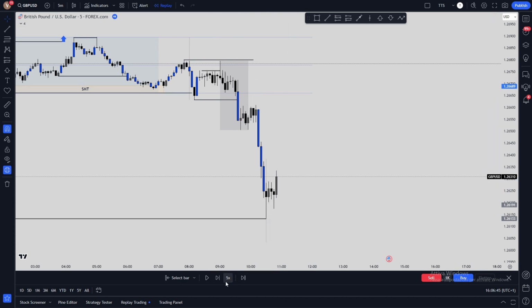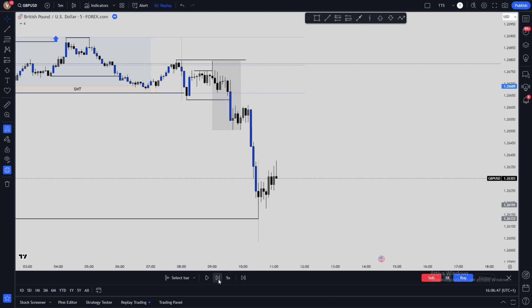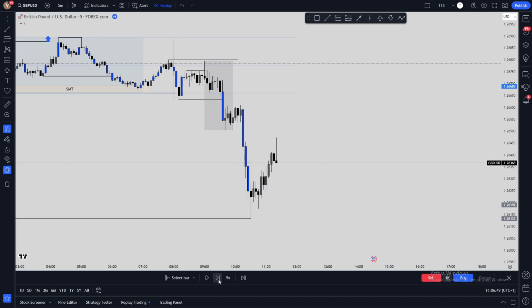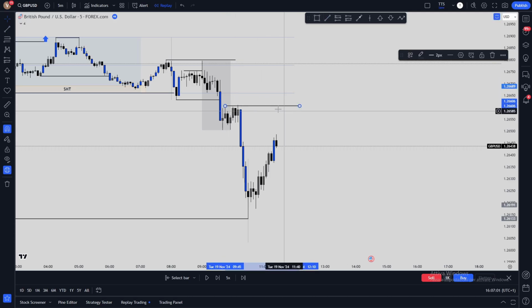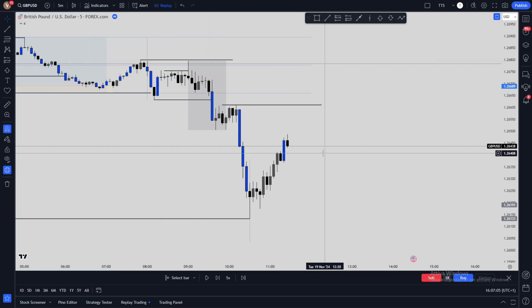So at this point what I will look for was clear: structural shift. This one for me was relevant, but it's way too high, so I don't like this mini structure here.